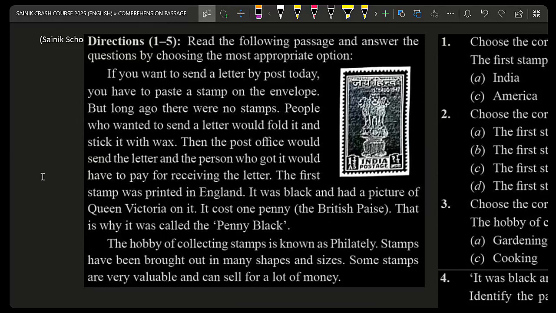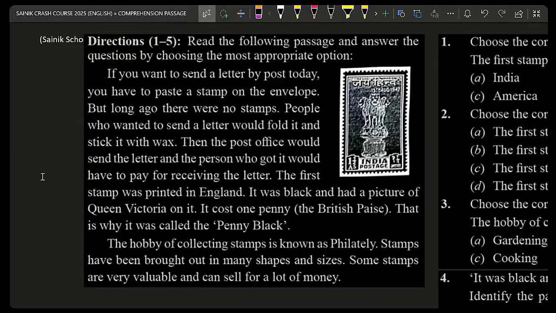The hobby of collecting stamps is known as philately.